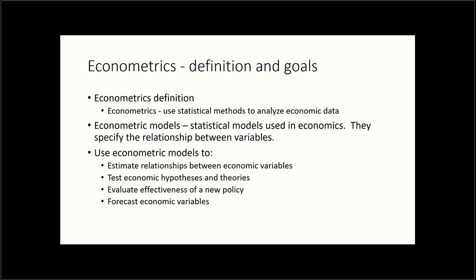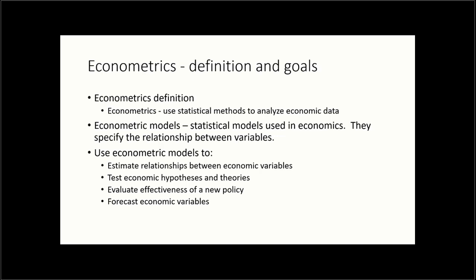So different types of econometric models are used in economics, and these are basically the statistical models that are used in economics. So we have a fancy name for these statistical models. We call them econometric models.